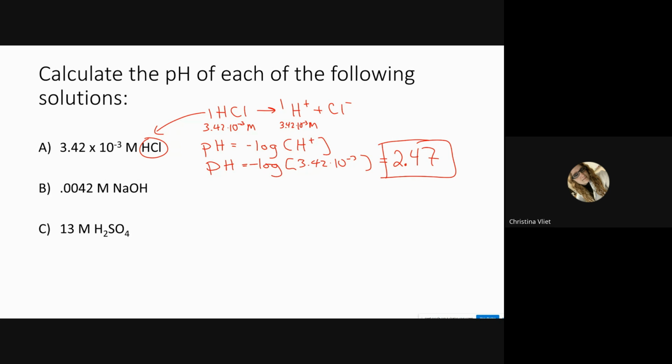How would we do the next one? I've got 0.0042 molarity NaOH. I want to know, what's the pH? What's the first thing to understand here? Is that an acid or a base?